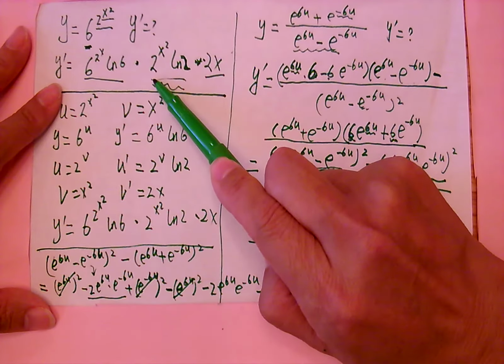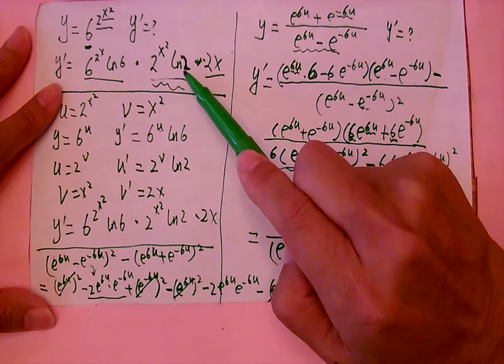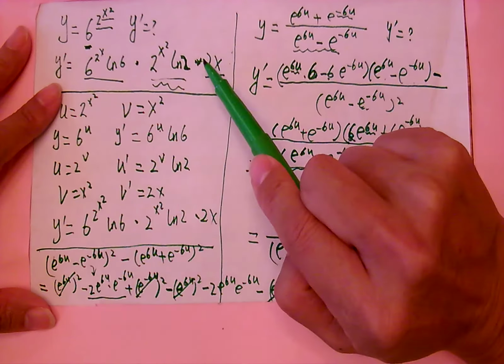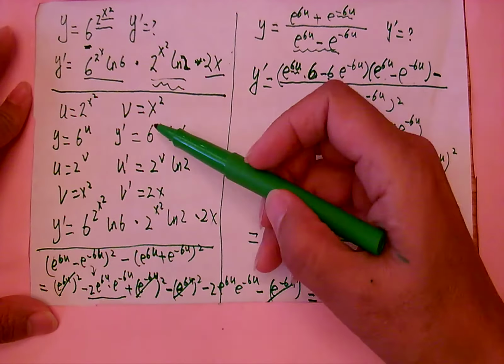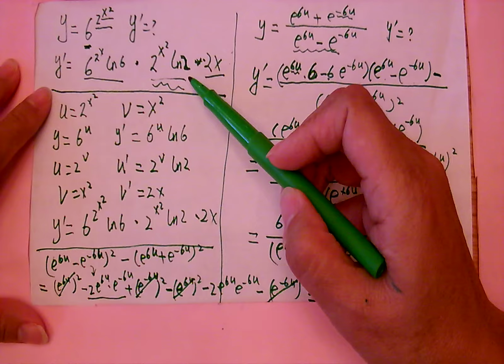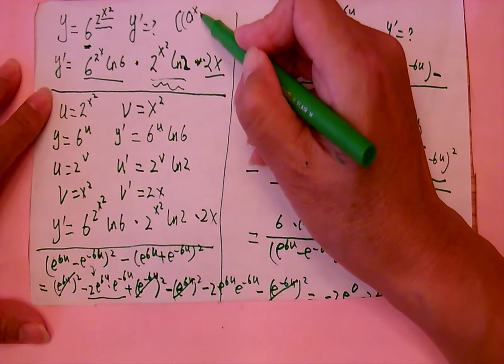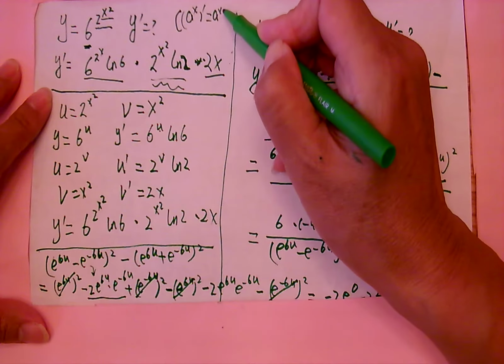Then x squared derivative is 2x, each part product together. This is an easy way, and I read the function. I majorly use a to the x derivative equals a to the x ln a. That's the majorly way I use it, the rules.